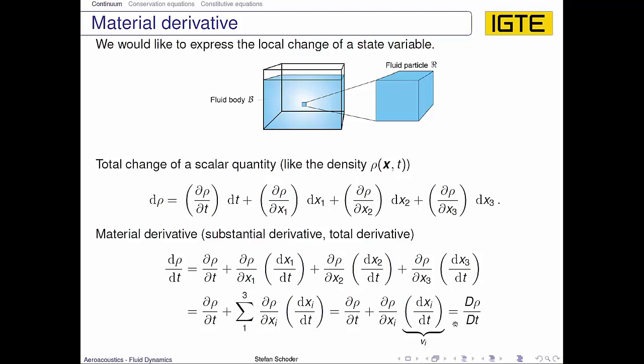And this is simply the material derivative, and that is useful for a lot of derivations in fluid dynamics. So this is why we need it, and it is a very powerful operator to work on.